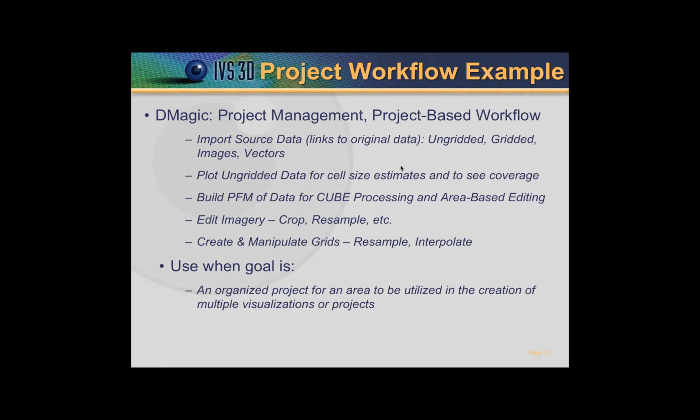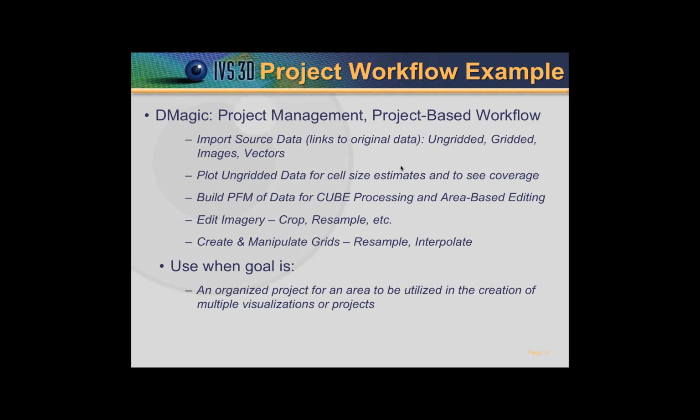If you're editing imaging, this is one of the areas that we never edit the source data, except in one case, and that's with the images. If you need to crop an image, resample it in preparation for use in Fledermaus, you actually can edit images. If you've got an image that has no georeferencing on it, you can add that and save a geotiff.